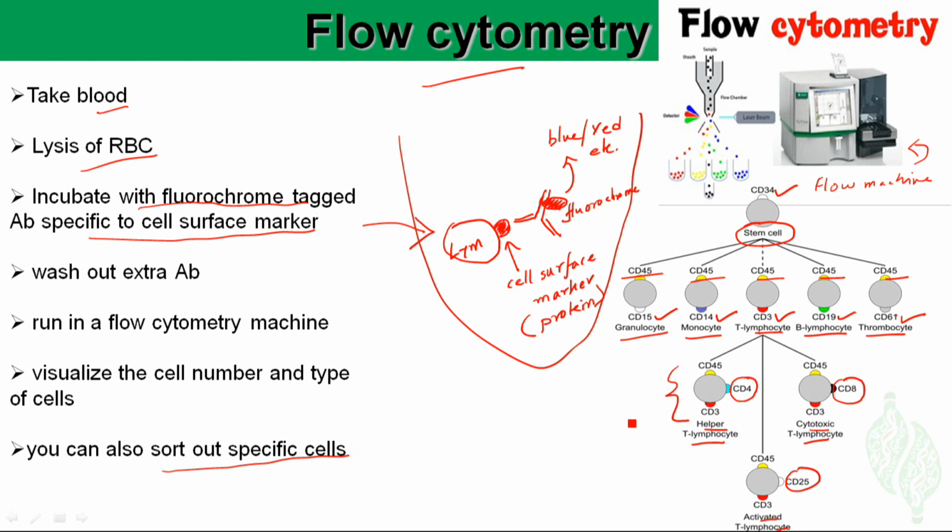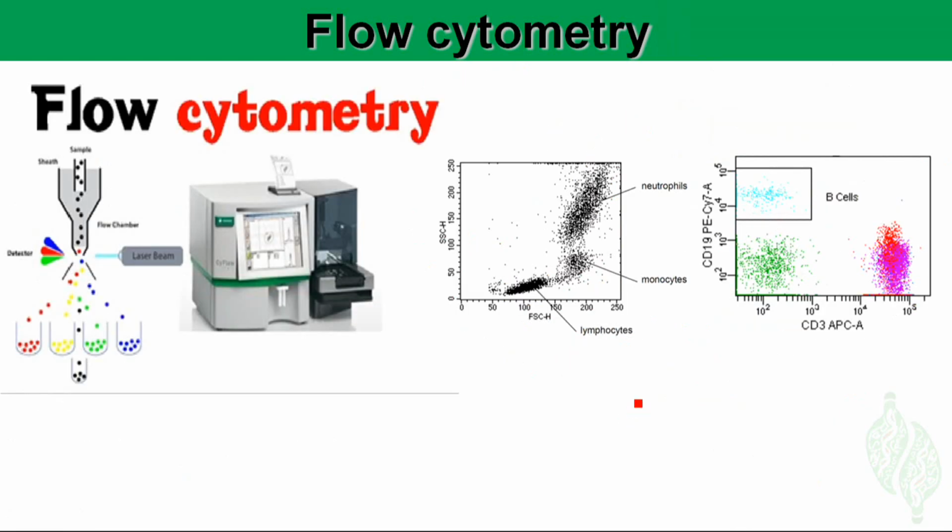But how do these cells look in flow cytometry? They do not look like they do in microscopy. They are not visualized as a structural cell. They are only visualized as a processed cell in the flow cytometry machine. They are visualized as a dot on the screen.